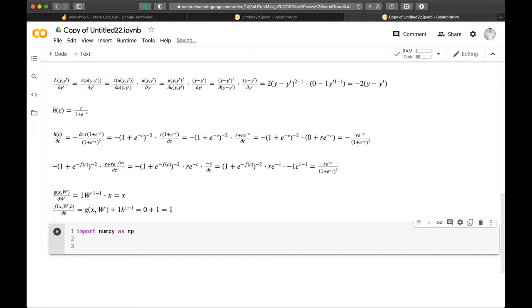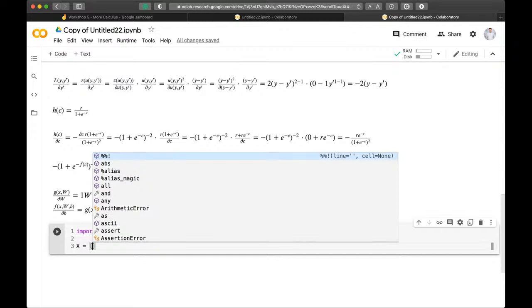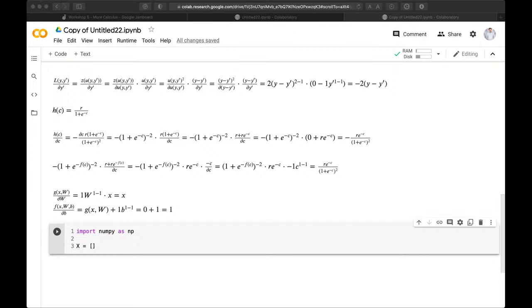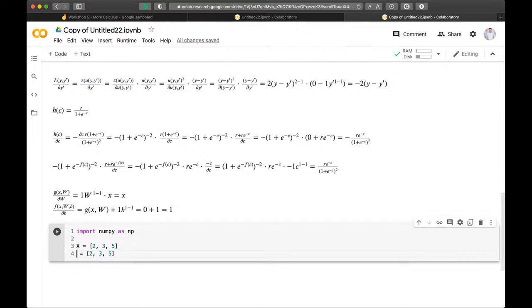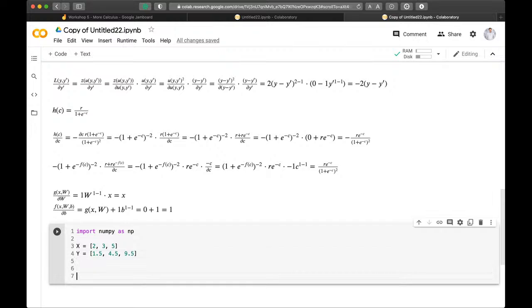The x is going to be our input data: 2 floors, 3 floors, 5 floors. Y is 1.5, 4.5, 9.5, right? Cool.